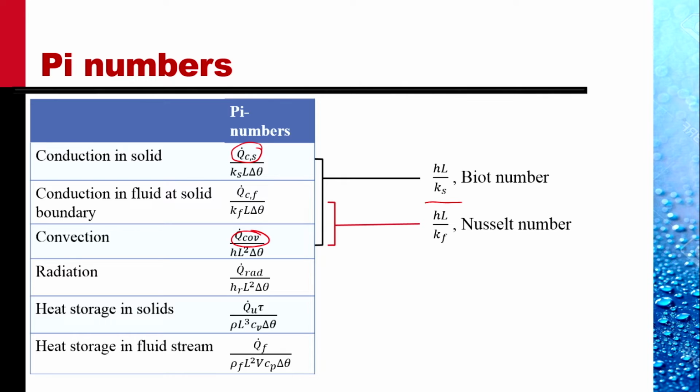H and L are the same. The conductivity in the Biot number is of the solid, and in the Nusselt number is for the fluid.